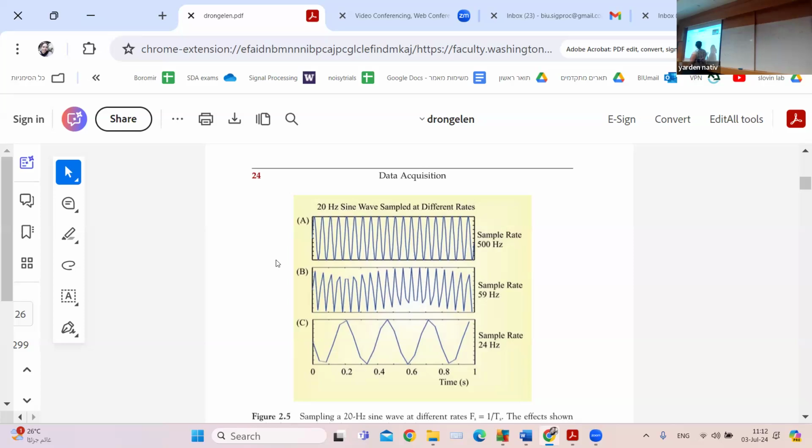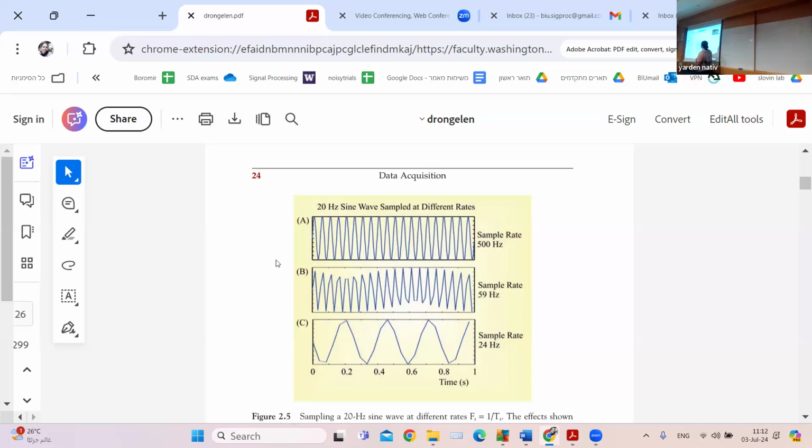So you see it over here. And then there was a sampling of this sine function using 59 hertz. So you can see what happens when we use 59 hertz. We can still see the real frequency, but then we have an additional frequency that is composed of it, right?